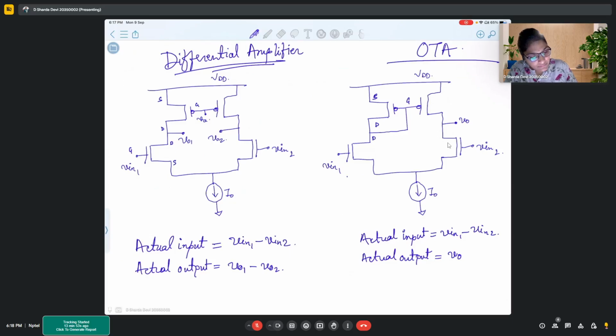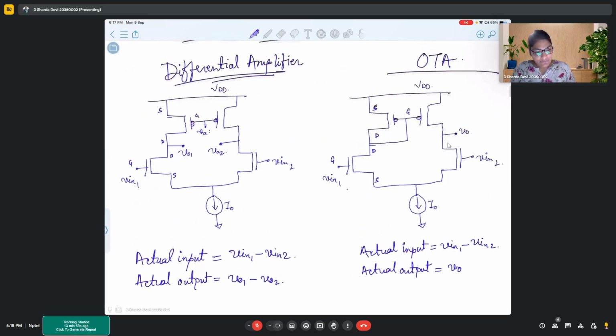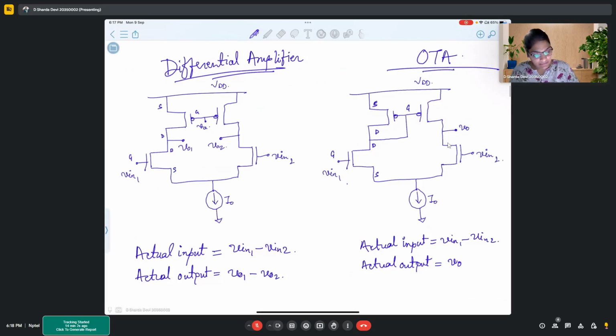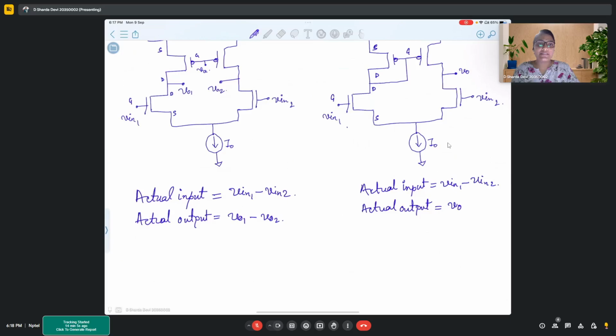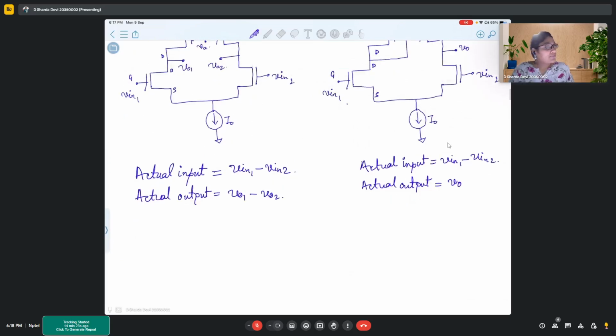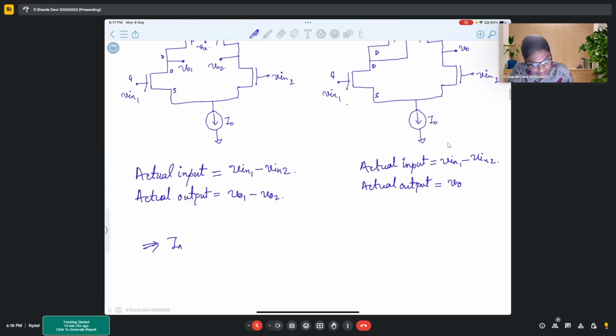Since it is a differential input that we are providing, if you provide two same signals to your amplifier, they will be eliminated and you will not get any output. So we say that there can be two types of input: common mode input and differential mode input.